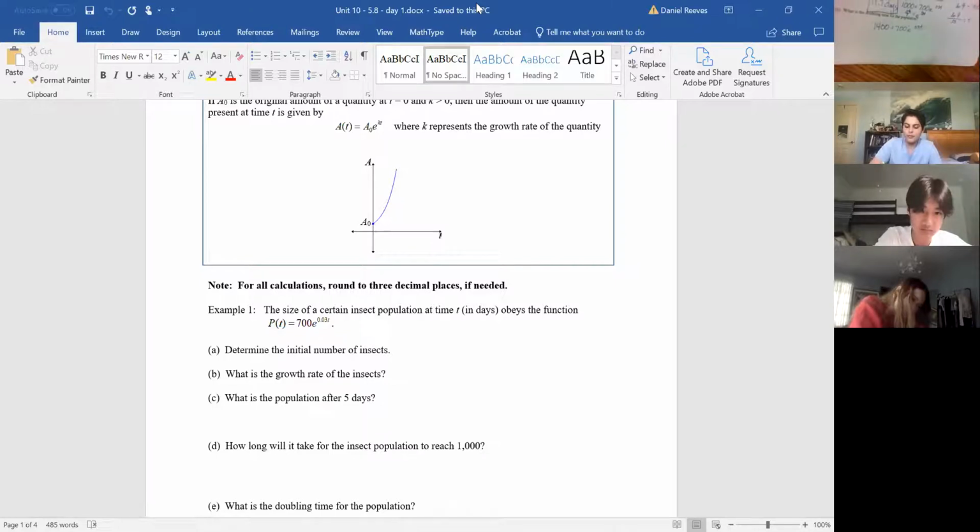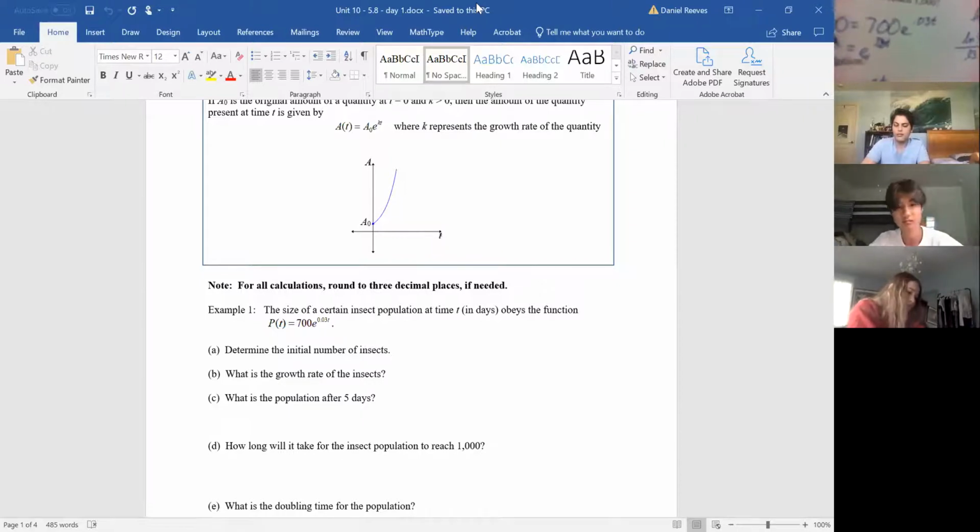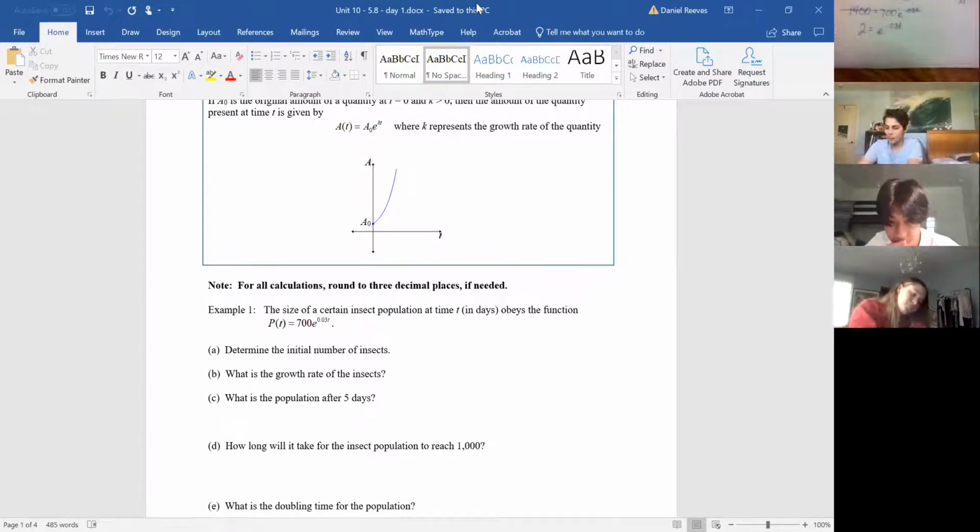The first thing I'm going to do is divide by 700, and I'm going to get that 2 equals e to the 0.03t. Now, most of the time, I won't write this first step. If you're doubling, it doesn't matter where you started, it's the same amount of time. So I will usually just skip right to that step.